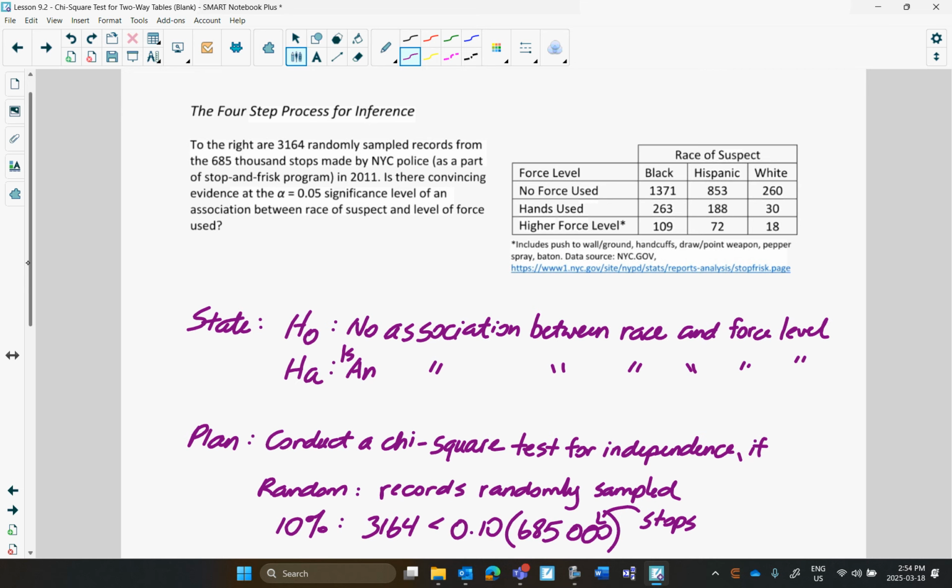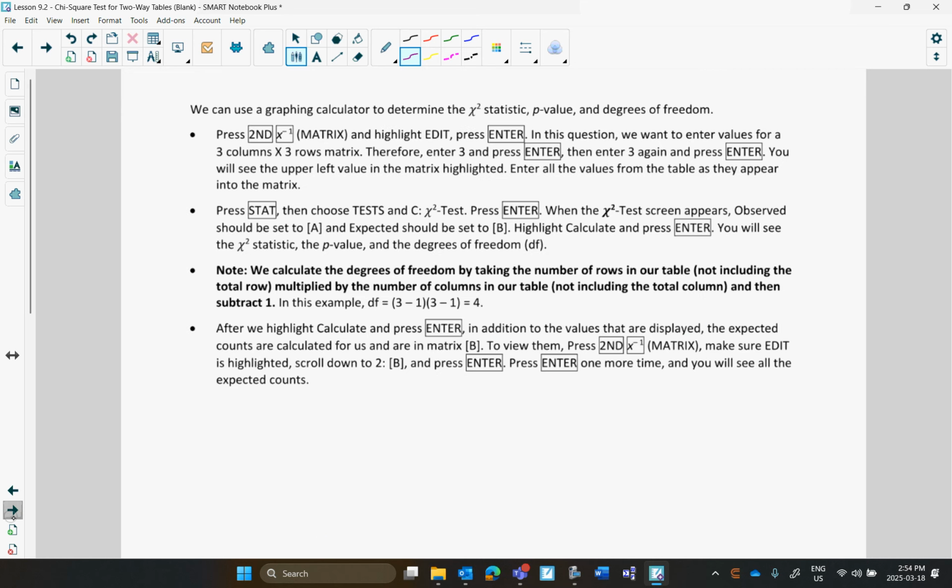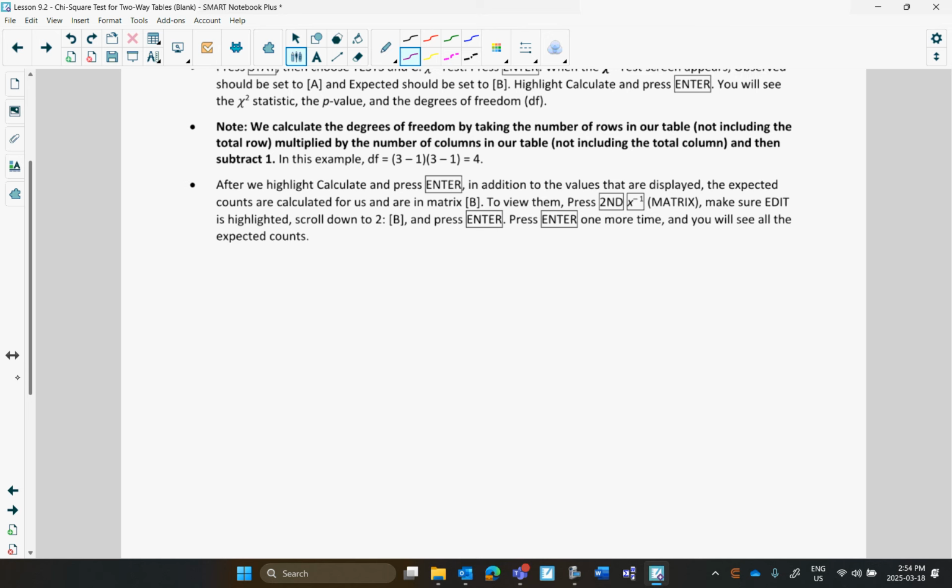To show your calculator work, you would do this. We need to show the matrix that we've entered. That's just entering the table that we're given, the sample data.